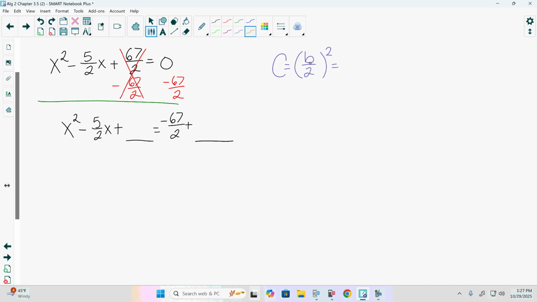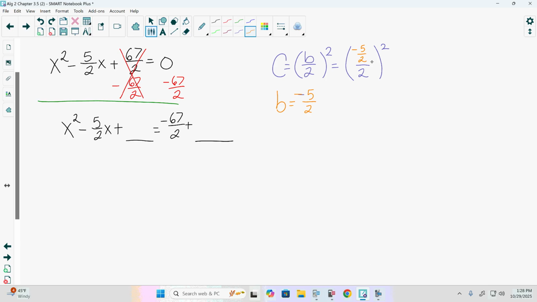We still have to find the value of c, and c is equal to b over 2 squared. Now b is negative 5/2. So that's telling us, when we plug it in, that we have negative 5/2 over 2 squared.